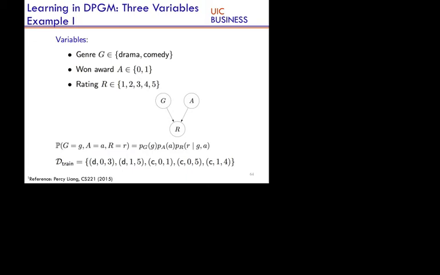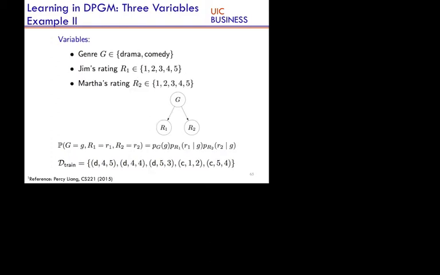What do we do? We have already seen 2 examples, so it should be clear what we do, right? We can just look at how many times G took a value small g and A took a value small a, and just compute this. It's just counts, normalized counts. It's fine, it's intuitive and it works.